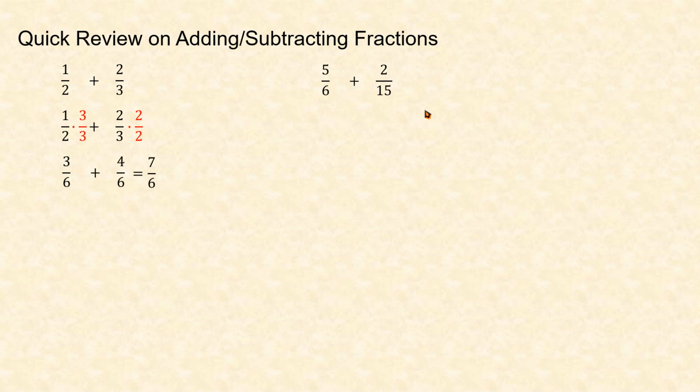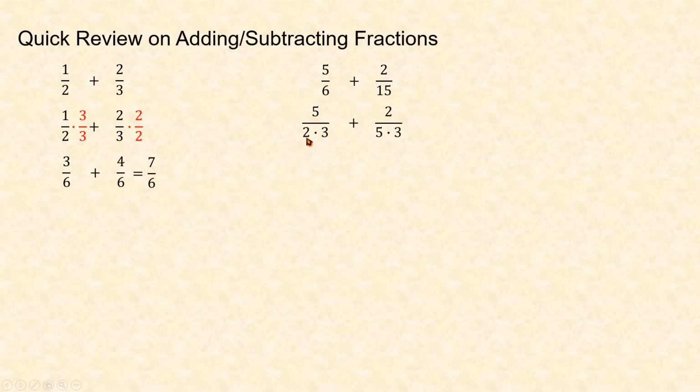Okay, so to get the least, which is the smallest common multiple of these numbers, you need to break them down to factors. So I keep the top, it doesn't really matter, right? I break the bottom down. 6 is 2 times 3, and 15 is 5 times 3. And I'm going to see, well, what factor does one have that the other doesn't.